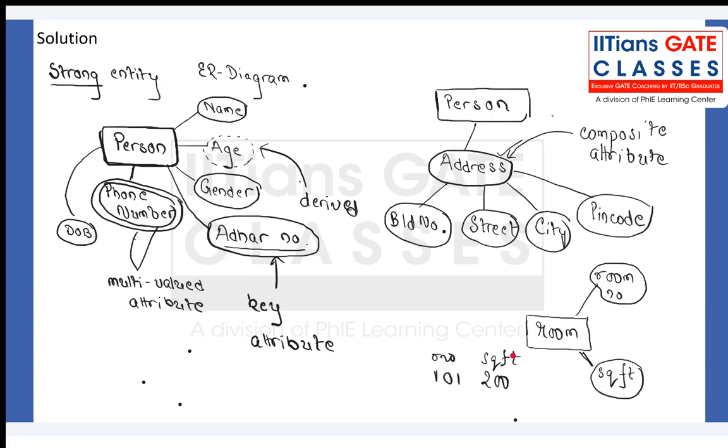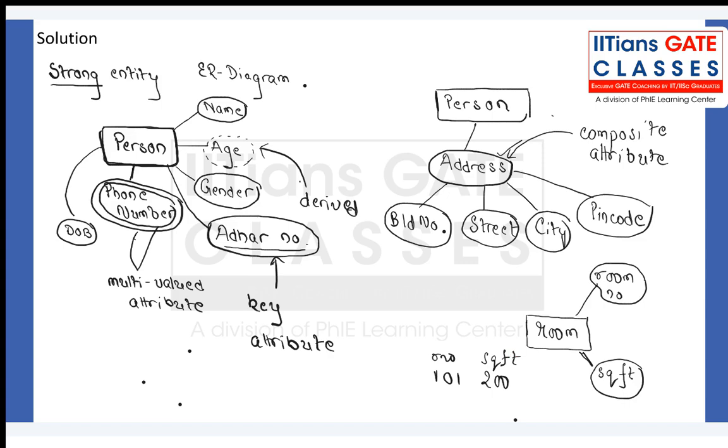Obviously no, because there will be many hotels which will have a room number of 101 with a room of 200 square feet. So you cannot actually uniquely identify a room among all the rooms that are present in all of the hotels. So what should we do?